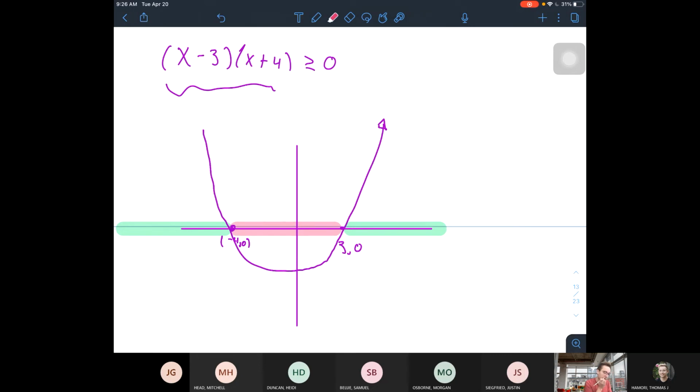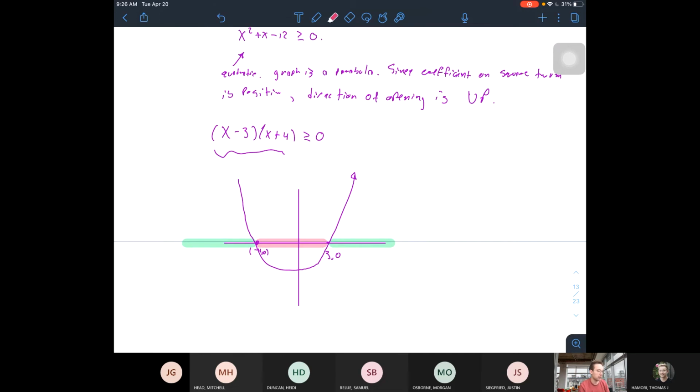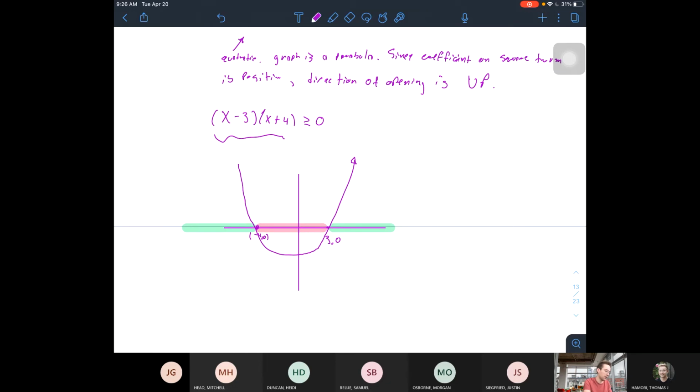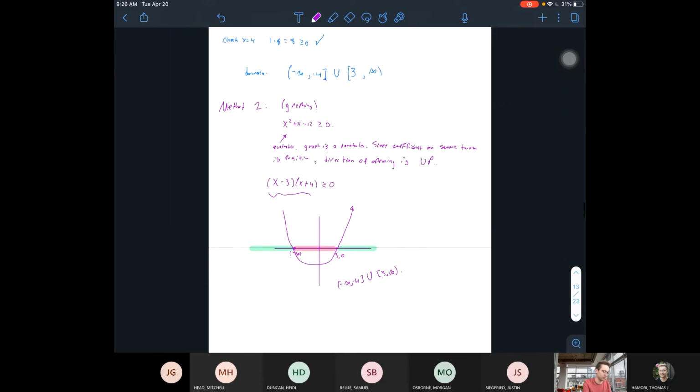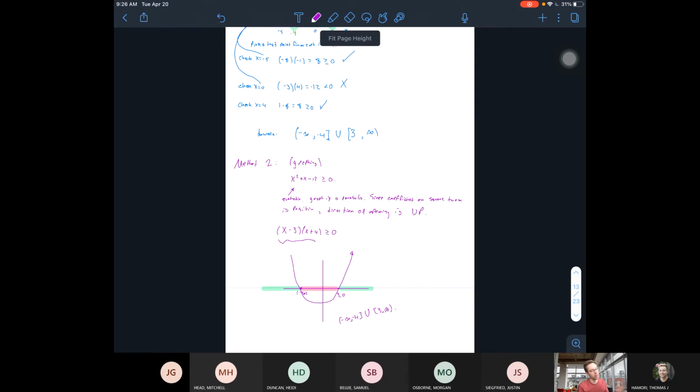So just looking at the graph, and knowing that this is a parabola which opens up, since it has a positive coefficient on the square term, we can see that the domain is just (-∞, -4] union [3, ∞). So that's a slightly slicker way of making that argument.